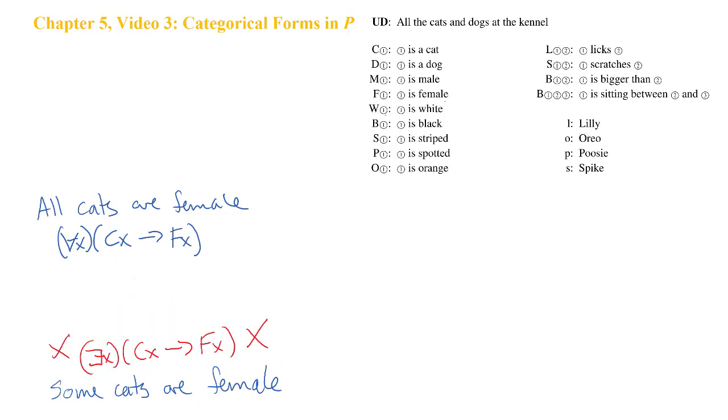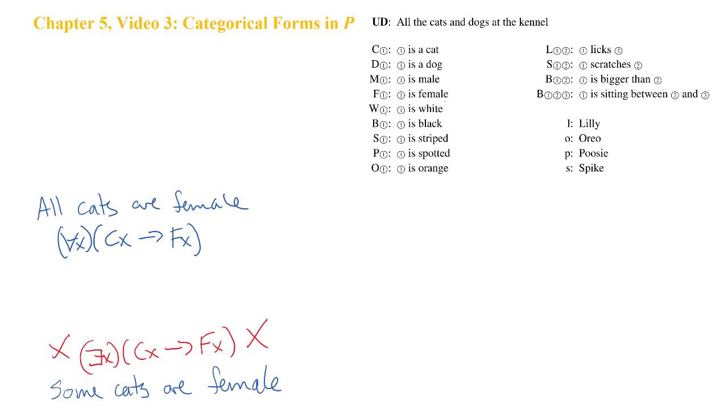In fact, we will almost never have the existential combined with a conditional in its scope, because it's too easy for it to be vacuously true. As long as there is some object in the universe of discourse which makes the antecedent here false, it automatically makes the conditional true, which makes the existential true.